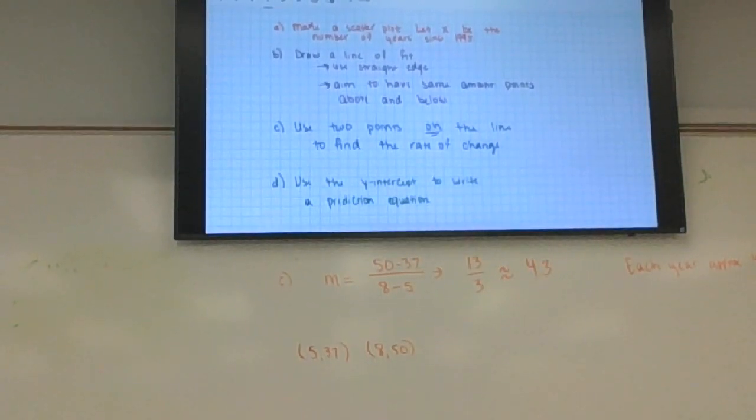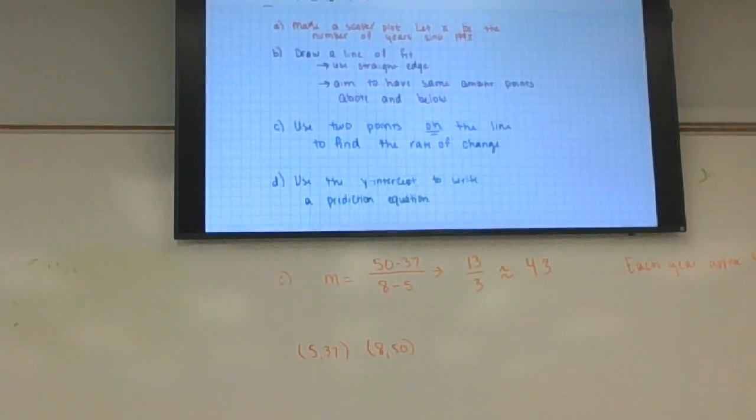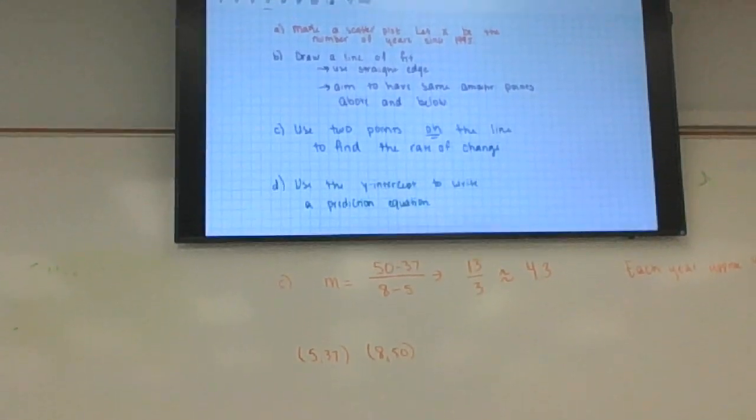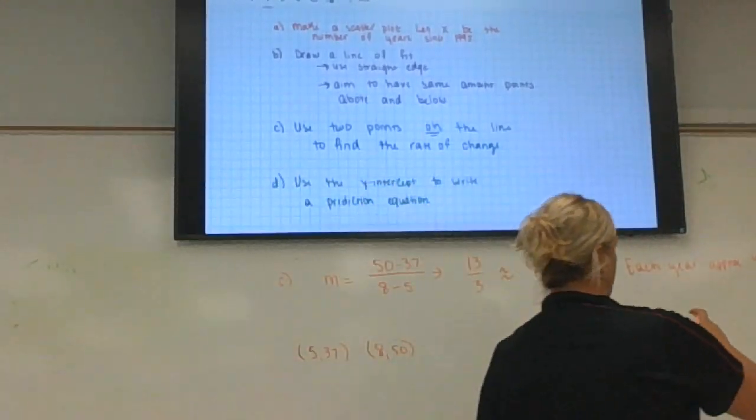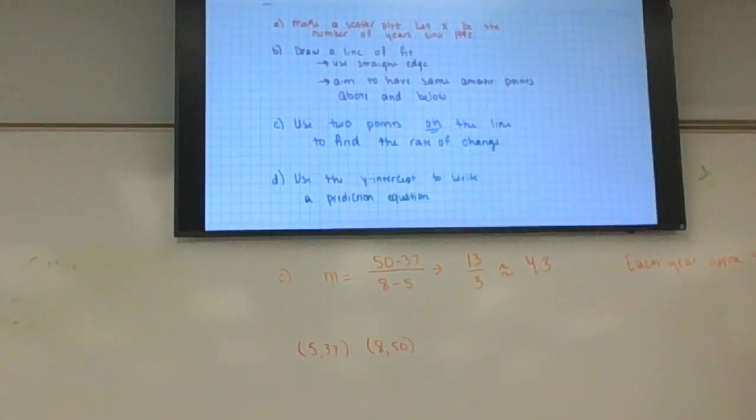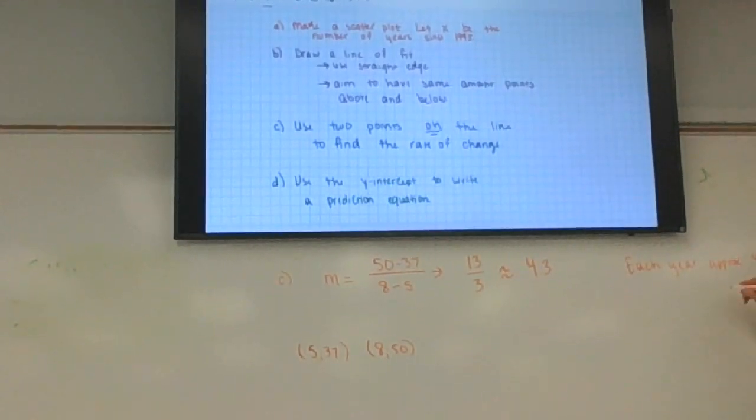The slope to both sides is 2.89. This is a very nasty fraction. Each year, approximately 4.3% more households get internet.